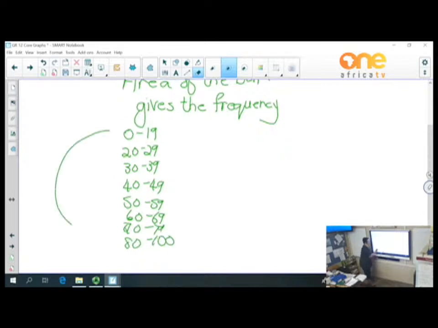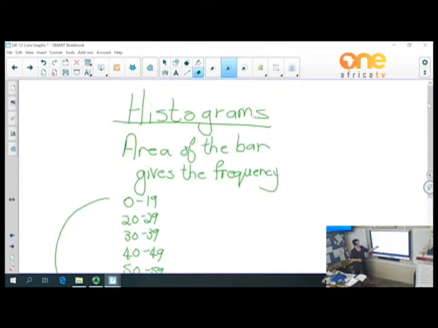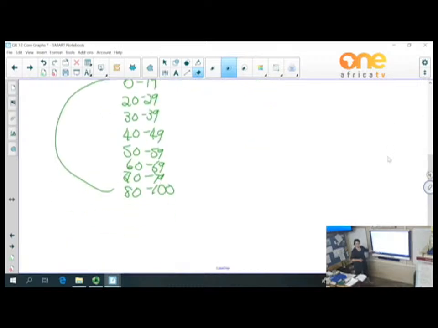So you can see the first bar and the last one have a double width. These ones are 10, 10, 10 more or less, and the first one and the last one are 0 to 20 and 80 to 100. This is how they conduct the exam. Between 0 and 19 is a symbol, and between 80 and 100 is an A.